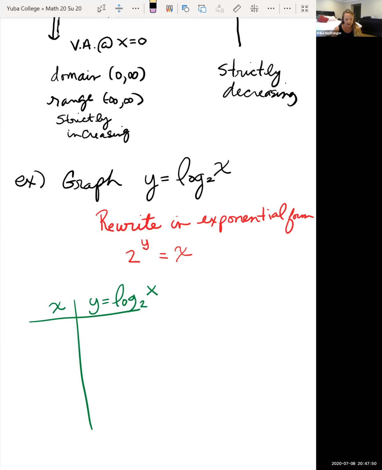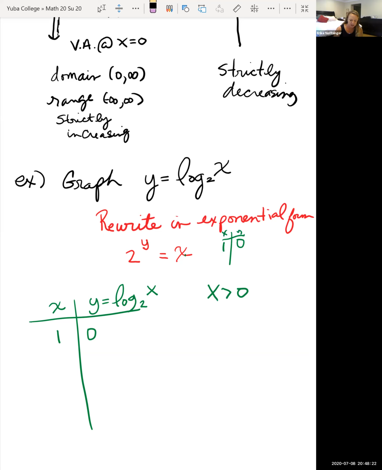I know x has to be greater than 0, so I'm not going to choose any number less than 0. Well, let's try 1 first. So 2 raised to what power would give you back 1? Well, 2 raised to the 0 power is 1. So in this case, if I plugged in 0 for y, notice, I get 2 to the 0, which should give me back the x of 1.